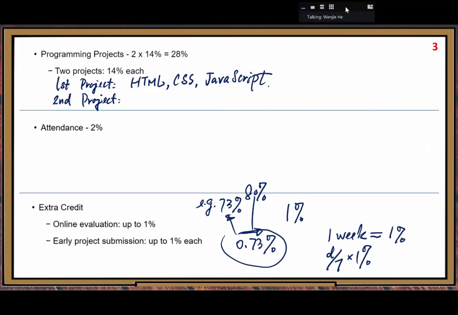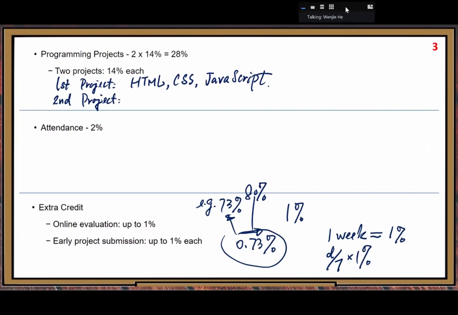Another thing, I accept late submission. For late submission, I may give a small, reasonable penalty, because I want all students to do all the projects. Do not miss them, because the weight of a project is very big, 14%, the same as a test. Midterm and final are each 14%. Each project has the same weight as a test. How can you miss that?